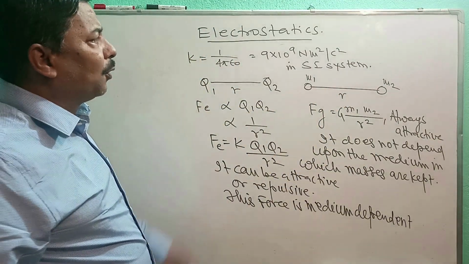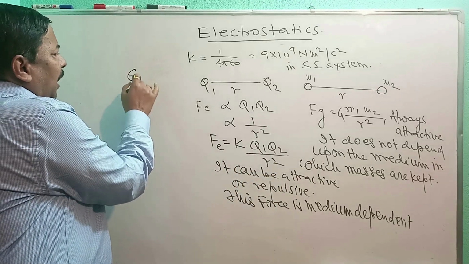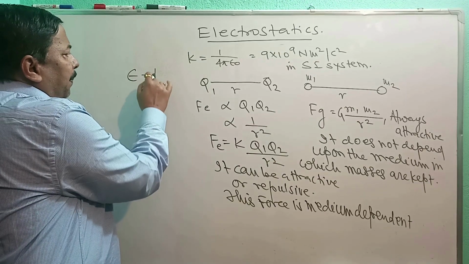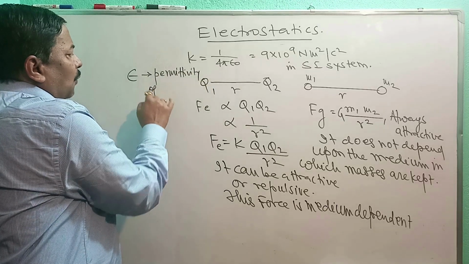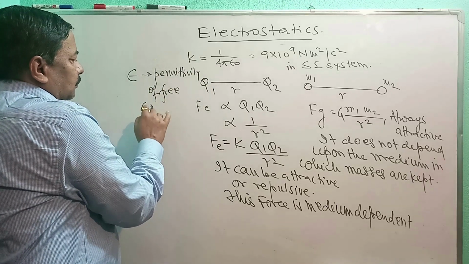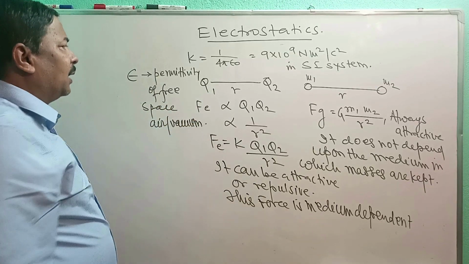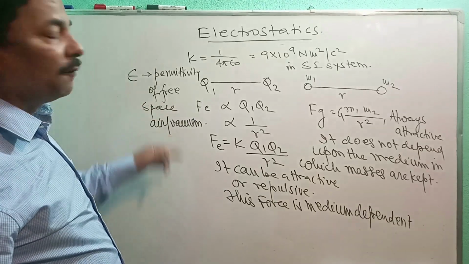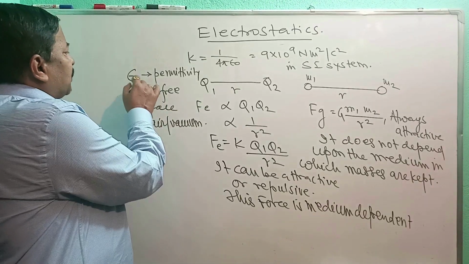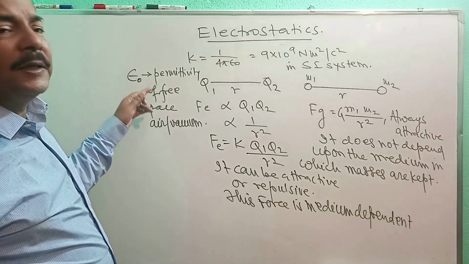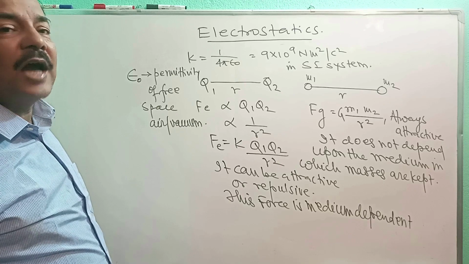Here epsilon naught represents the permittivity of free space or vacuum. What is permittivity? Permittivity tells about the electrical behavior of the surrounding in which the charges are kept.